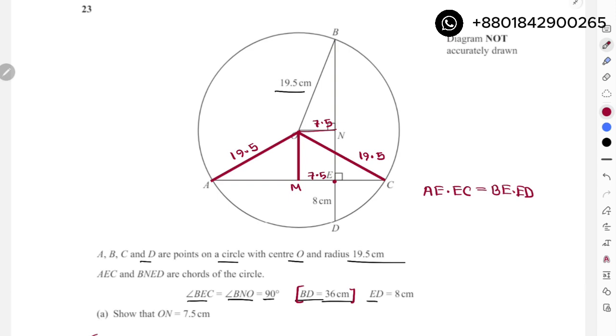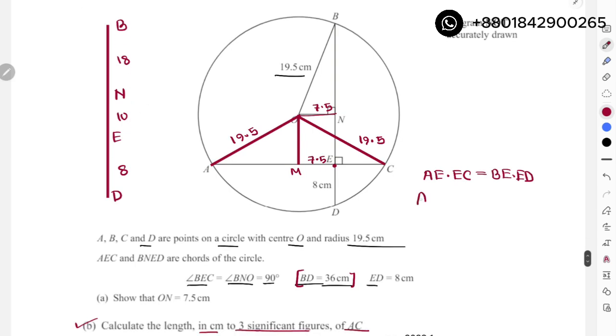This is how you actually express the total length of BD. If this is 8, this is 10, and this is 18, right? This gives you 18 and this gives you 36. After this, I can say that ED is 8 and BE is in that case 28.